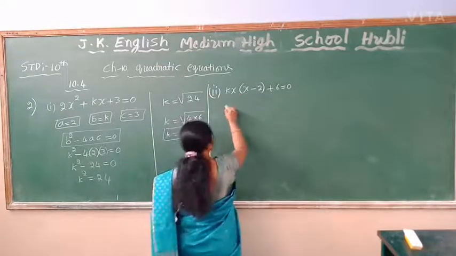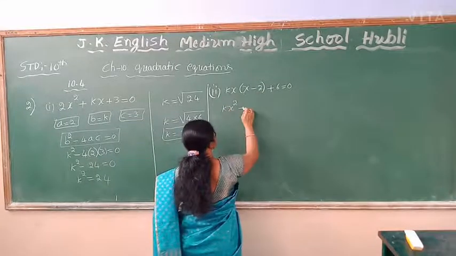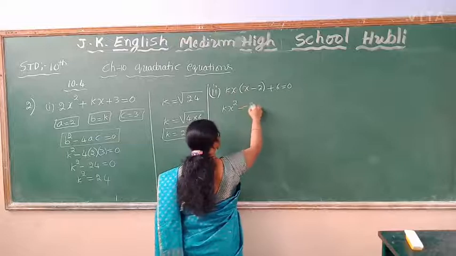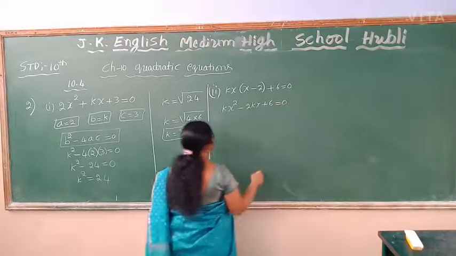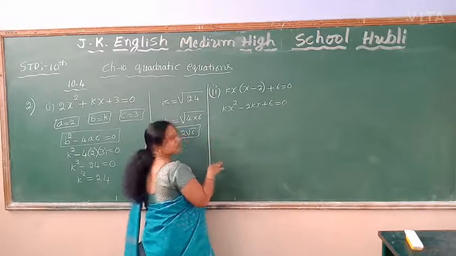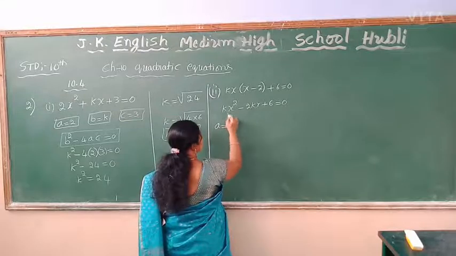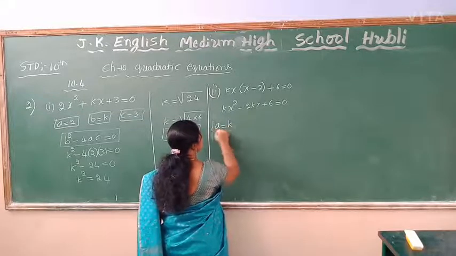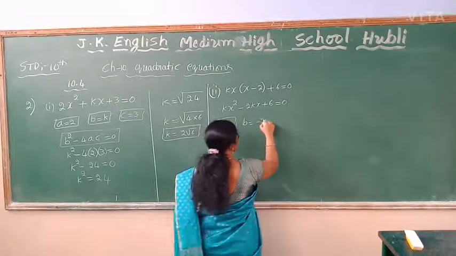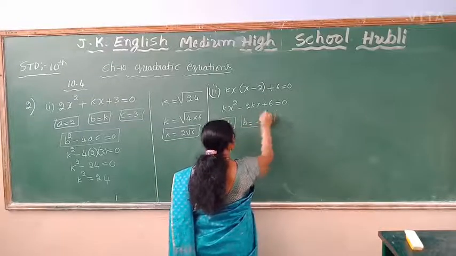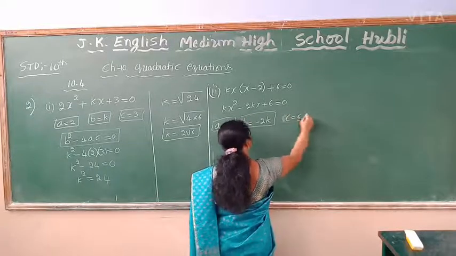Kx into x, kx square, minus 2 into kx, minus 2kx plus 6, this is equal to 0. Now it is according to standard form of quadratic equation. If we compare with standard form, a value is k, b value is minus 2k, c value is 6.